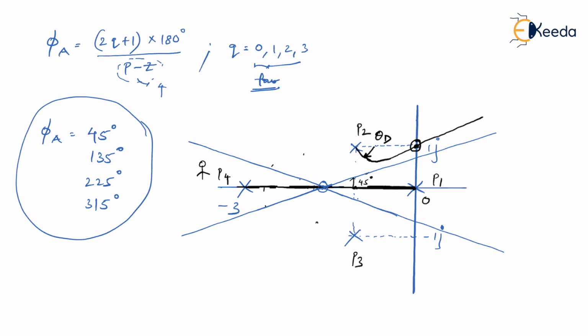And as you are aware that the root locus is always symmetrical with respect to the real axis, whatever happens with pole 2, the same thing will happen with pole 3 also. So this is also going to depart with the same angle, and thereafter it is going to follow the angle of asymptote, and definitely it is also going to cross this j omega axis at a particular point.